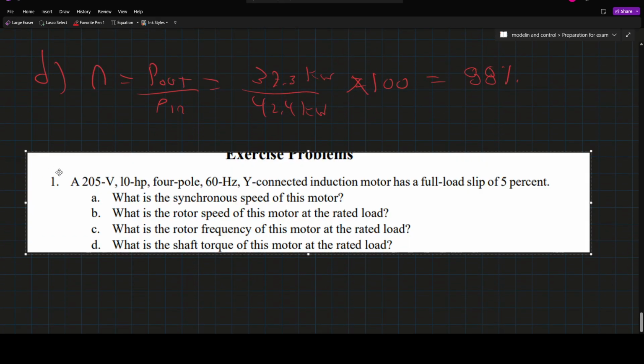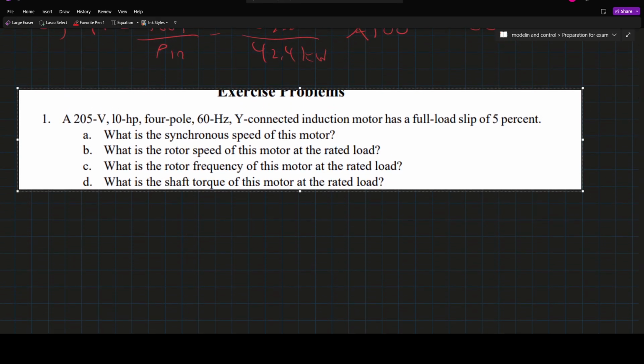Now we are gonna work with synchronous speed and rotor speed. So the first thing that they're asking us for this exercise is to get the synchronous speed.